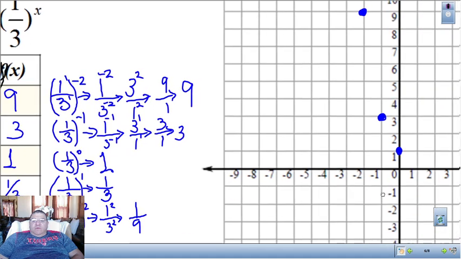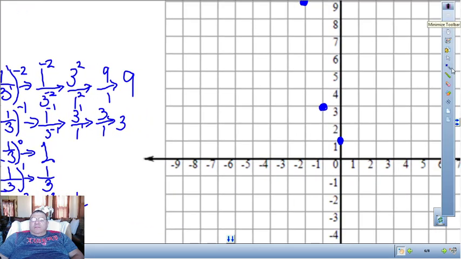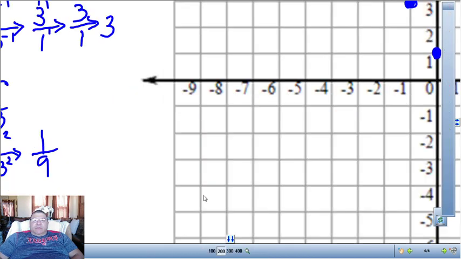Let me move this over, and 2 and 1/9. Okay. Let me zoom out.